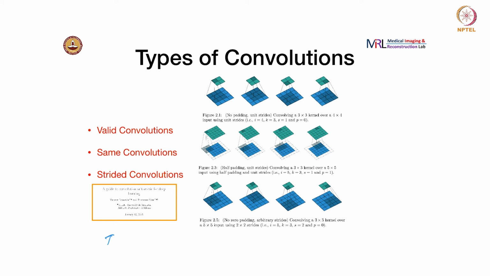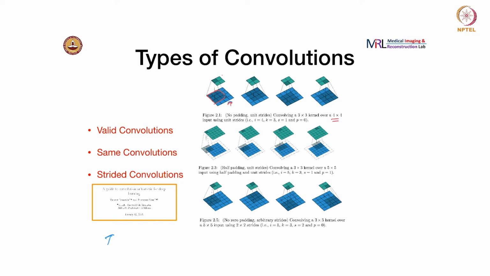Here the light blue is the input feature map. The superimposed filter kernel is a 3x3. In every location, you again form the output. The green is the output feature map. So this is a 3x3 kernel striding over a 4x4 input using unit strides.